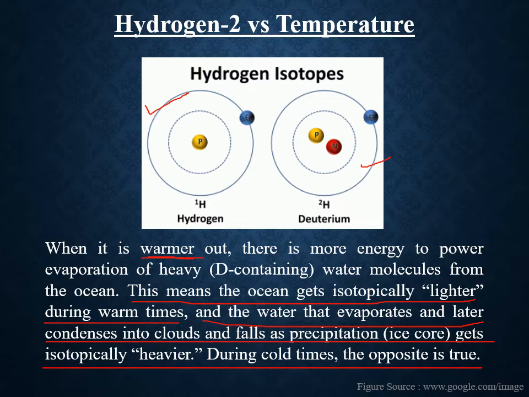So delta 18O and delta hydrogen will increase with increasing temperature, and decrease with decreasing temperature.